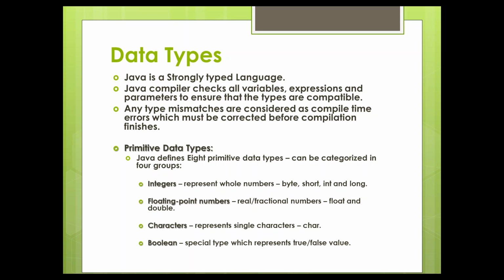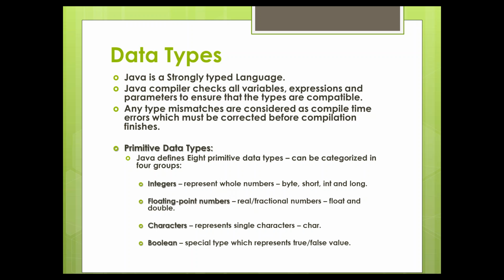They are represented by 4 Java keywords. We know what keywords are, right? They are byte, short, int, and long. These are the 4 integer types that we represent using these 4 Java keywords: byte, short, int, and long. They are used for holding whole numbers, without any fractional component, just whole numbers.